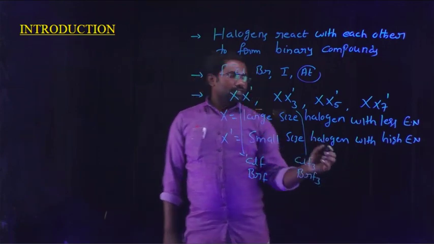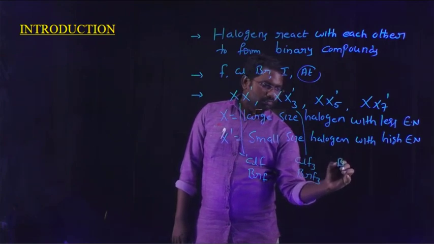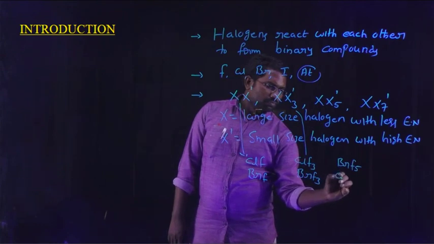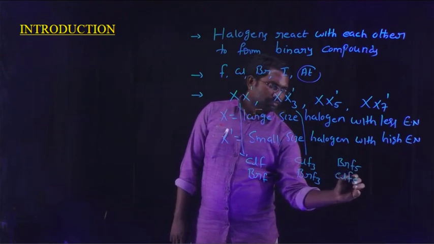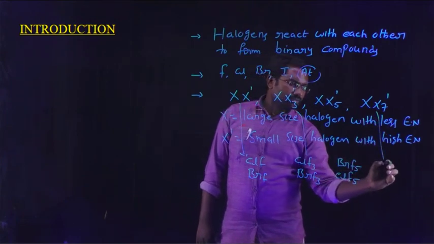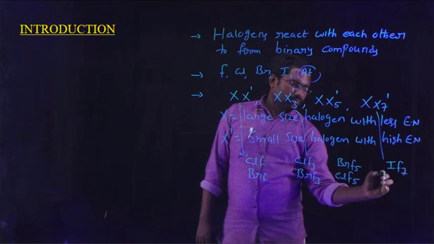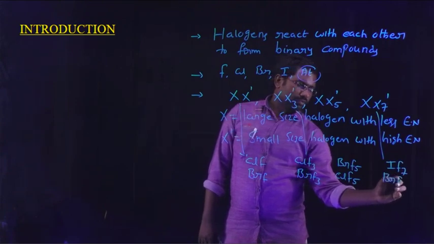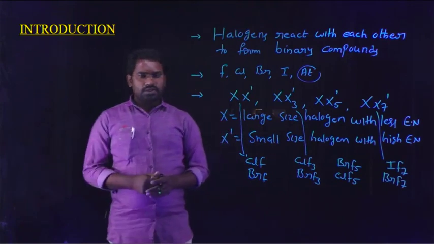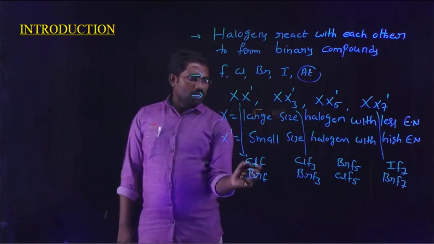In case of XX5' type, BrF5, ClF5. In case of XX7' type, IF7, BrF7, like that. According to the definition of the interhalogen compound, the first halogen is the large size halogen.